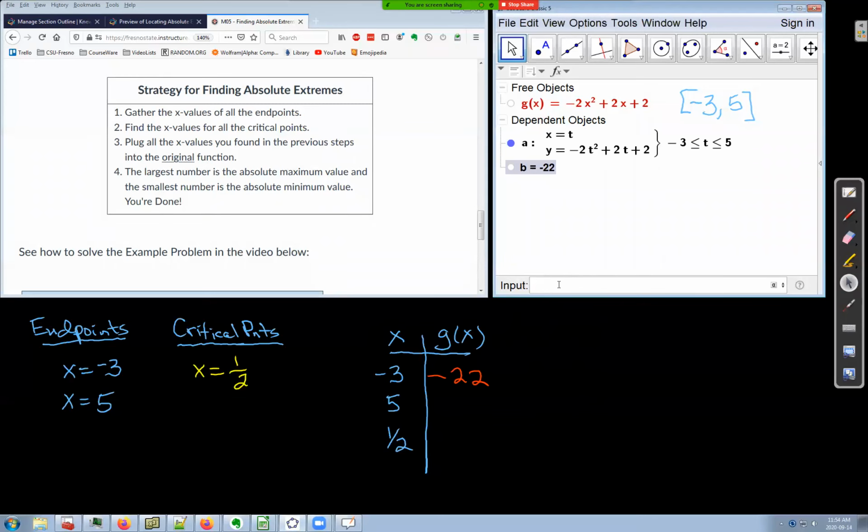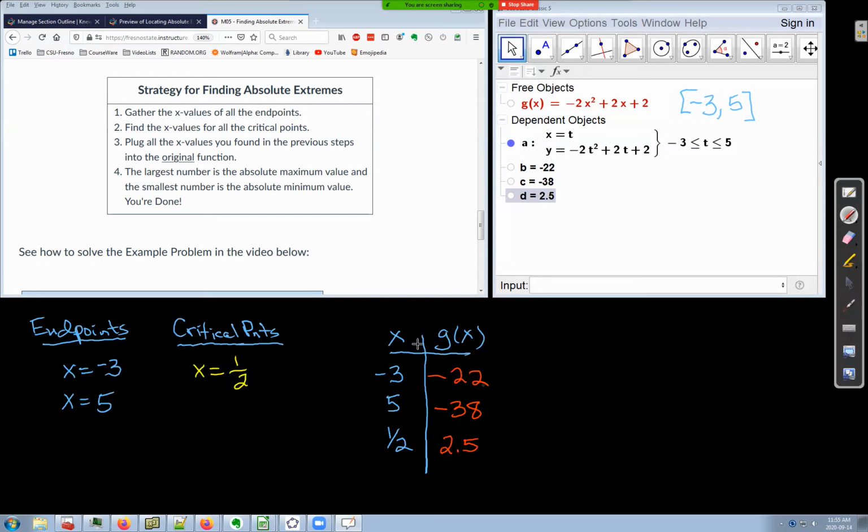Now I'll type in g of 5. g of 5 is -38. What's g of 1/2? g of 1/2 is 2.5. So I'll record that on my table: g of 5 was -38, and g of 1/2 was 2.5.